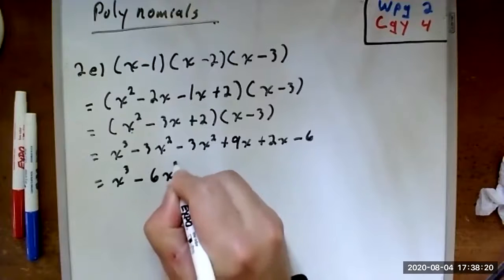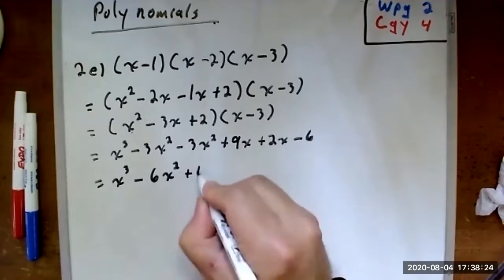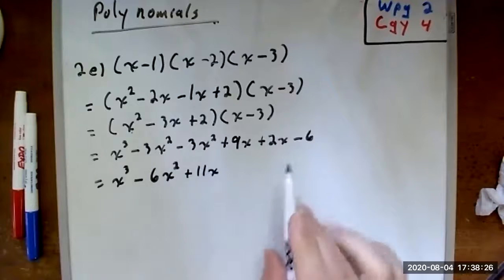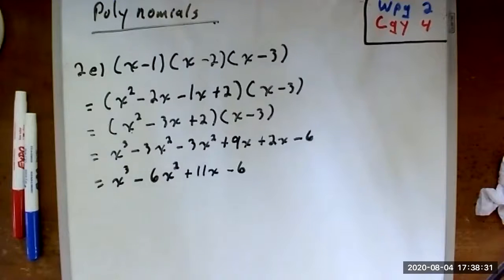Now we look to put together our like terms. I have only the 1x cubed term, so it comes along. Negative 3x squared and negative 3x squared gives negative 6x squared. 9x plus 2x gets me 11x, and then minus 6.